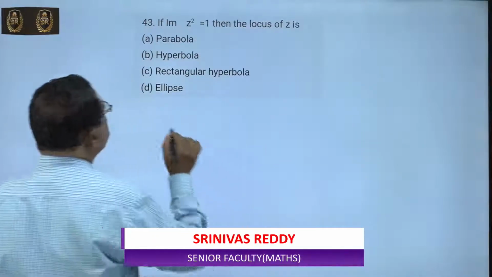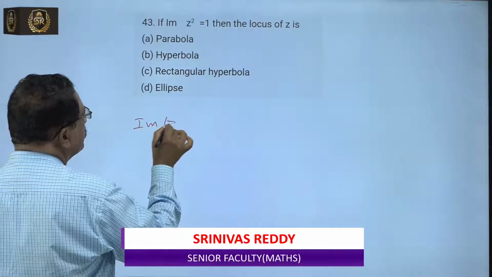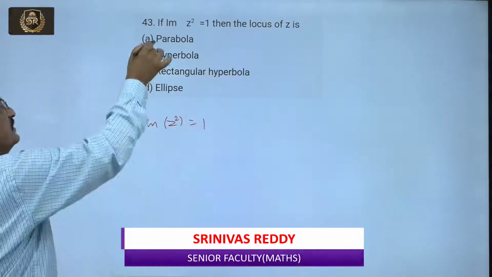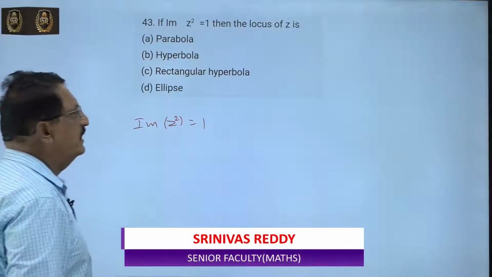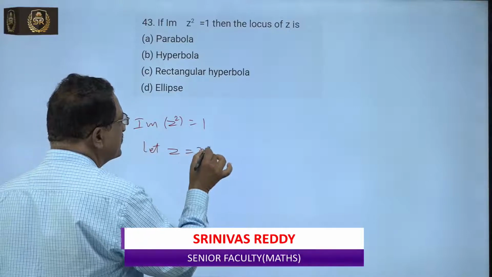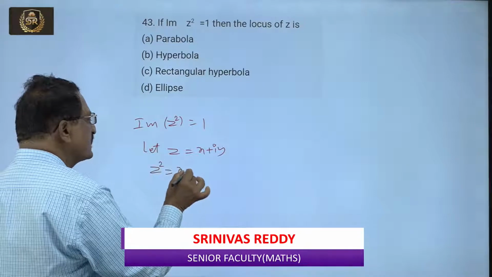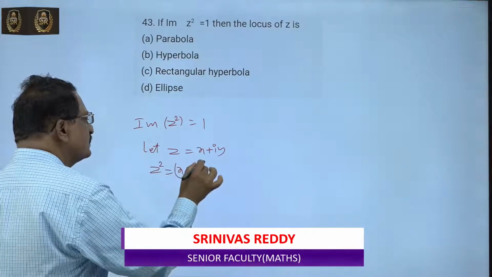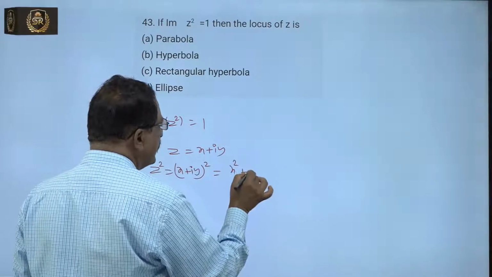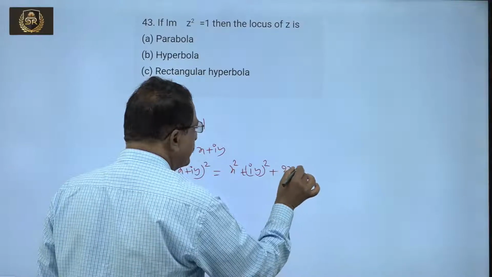Next, question 43: if the imaginary part of z squared equals 1, the locus of z is a parabola, hyperbola, rectangular hyperbola, or ellipse. First let z equal x plus iy. Now z squared equals (x plus iy) whole squared, which gives x squared plus (iy) squared plus 2xyi, that equals x squared minus y squared plus 2xyi.